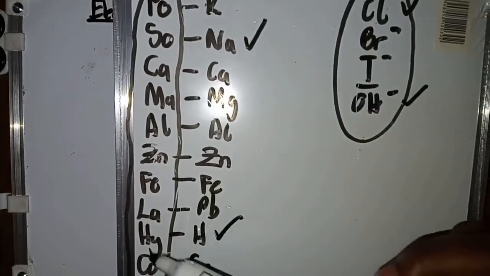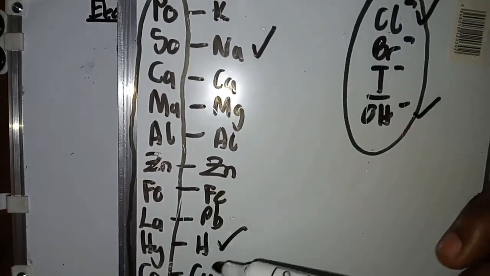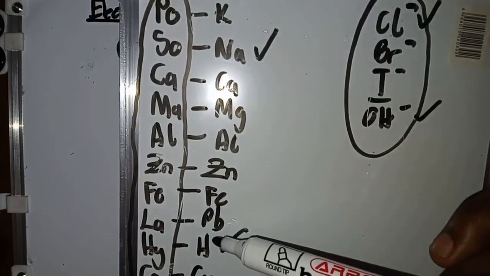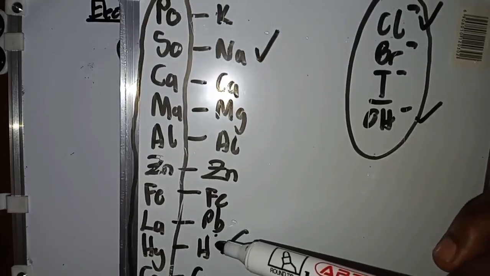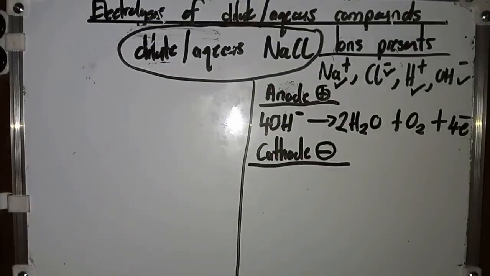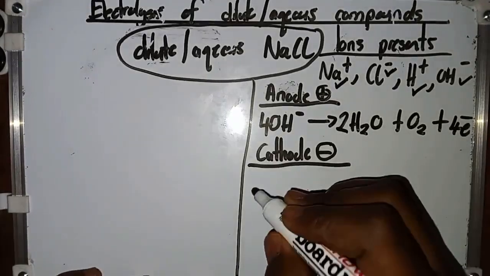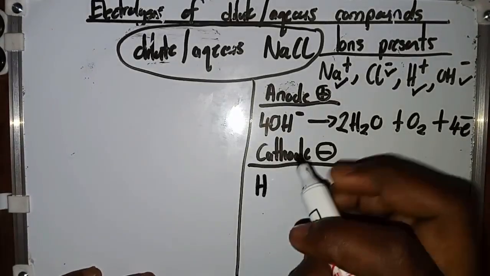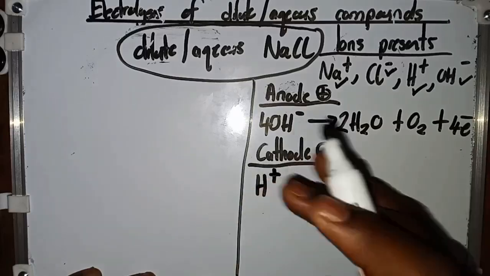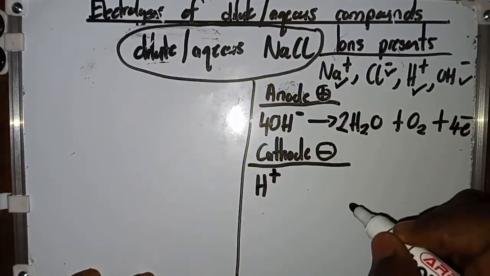The one which is lower, which is hydrogen. Hydrogen is below sodium in the reactivity series, so the hydrogen ion is the one which is attracted first. H plus, the other thing is the same. If it's H plus, where will the electrons be formed?